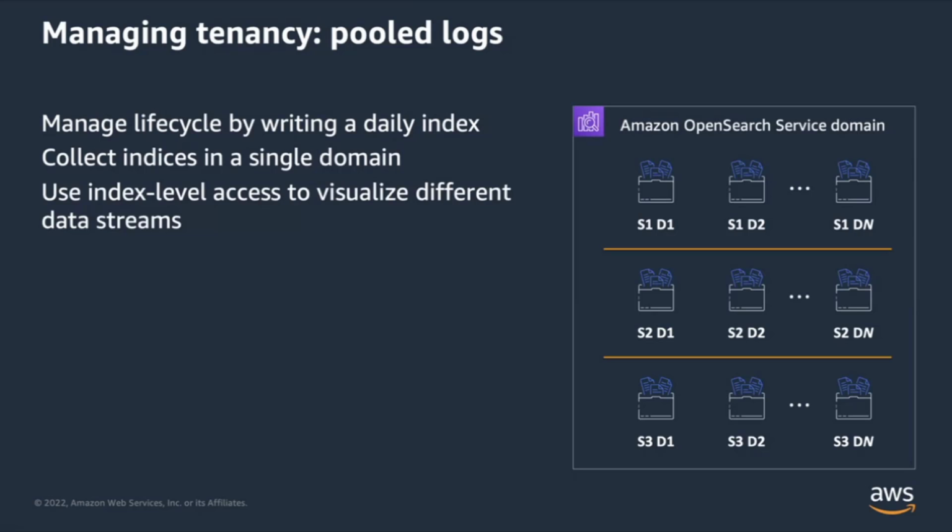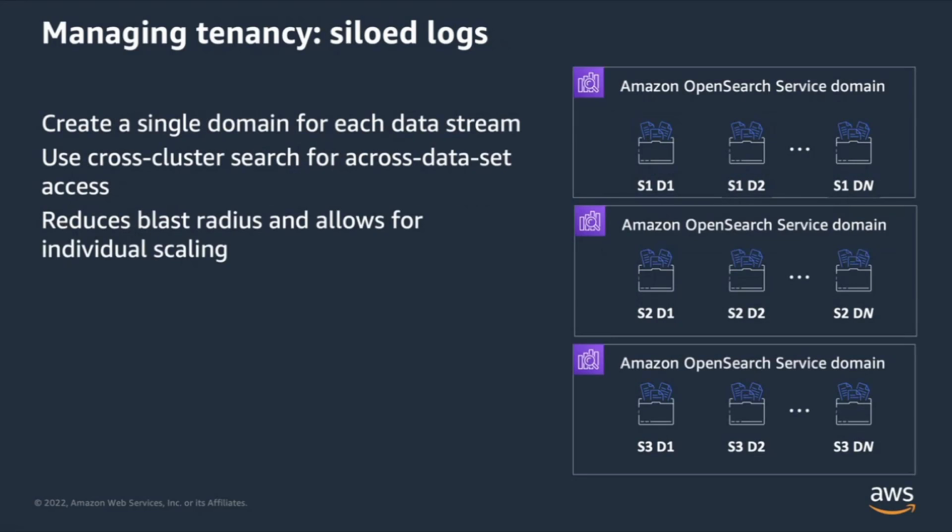As you work with this, you may find that there's cross-index contention for the underlying resources. So in some cases, you may go to a more siloed strategy where you create a single domain for each data stream. And if you have to query your entire data set, you can use Amazon OpenSearch Service's cross-cluster search to search across all the data.